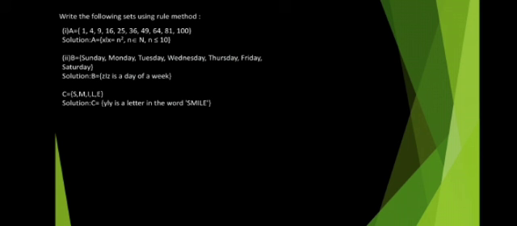Now the next, question number 3: set C = {S, M, I, L, E}. The answer is set C = {Y such that Y is a letter in the word smile}.